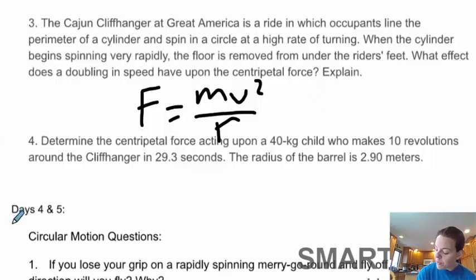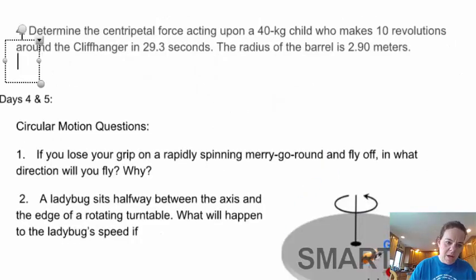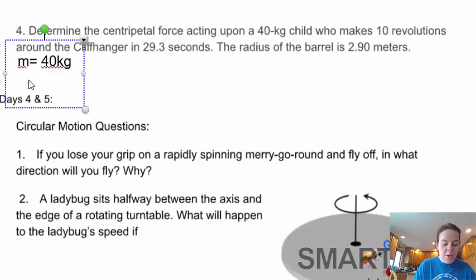Okay, for number 4, determine the centripetal force acting on a 40-kilogram child who makes 10 revolutions around the cliffhanger in 29.3 seconds. I would start by listing what I know. M equals 40 kilograms. My radius equals 2.9 meters.